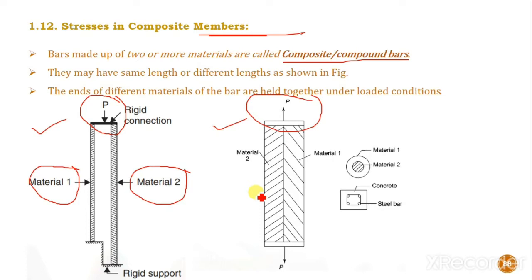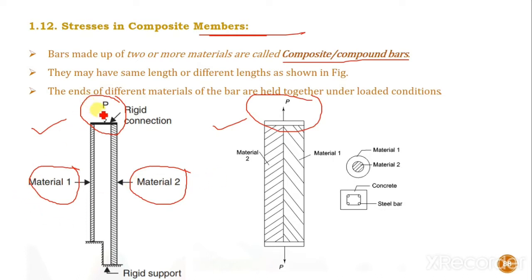They can be of any cross-sectional area, any length. But whatever load is applied on that member will be shared by those two materials in some proportion. They are not going to share that load equally.